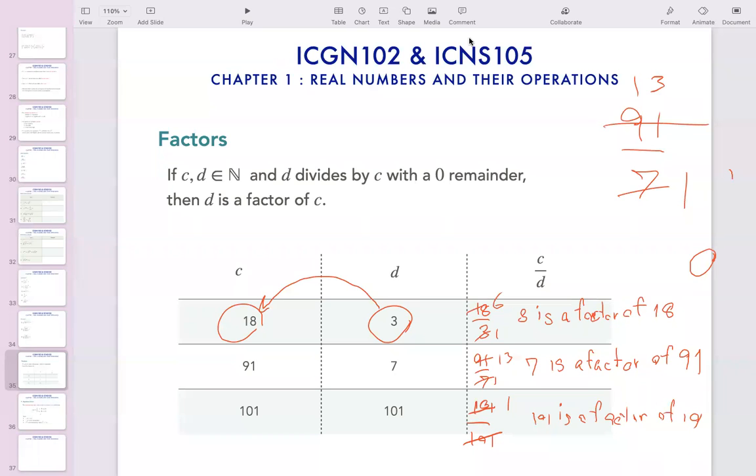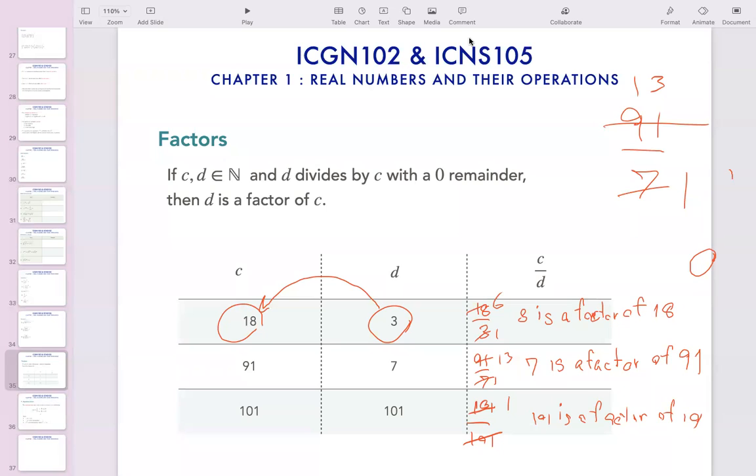Why is that, sorry? 1 is a factor of 101, but in this one you are asked whether D is a factor of C or not, so that's why we are focusing on 101. But if you ask me whether 1 is a factor of 101, yes.